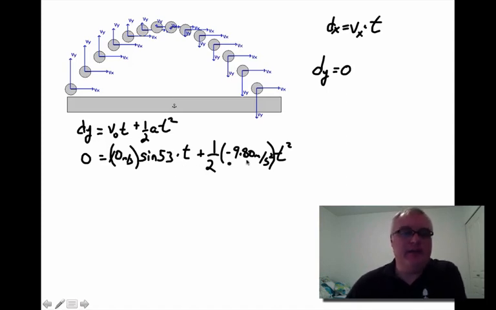Now you'll notice I have time in both of these terms, but because it's set equal to 0, I can divide through by time, and I can cancel one of the times out of each term. And obviously 0 divided by time is still 0.